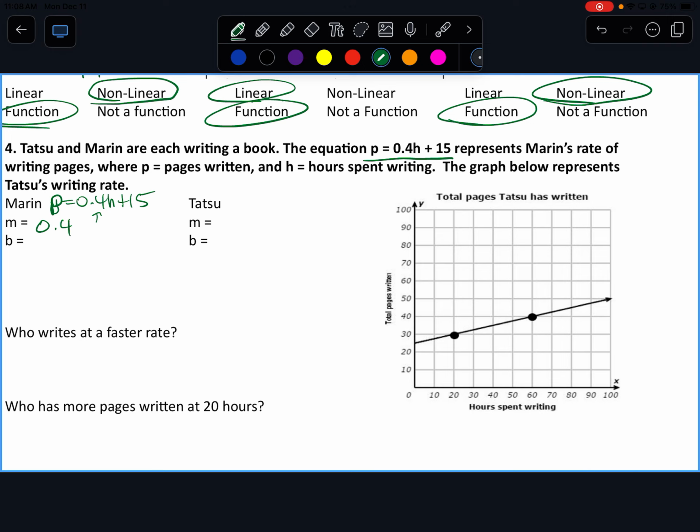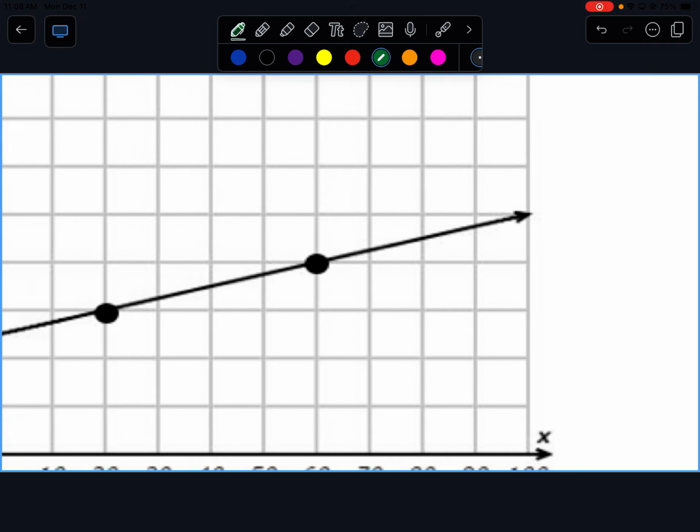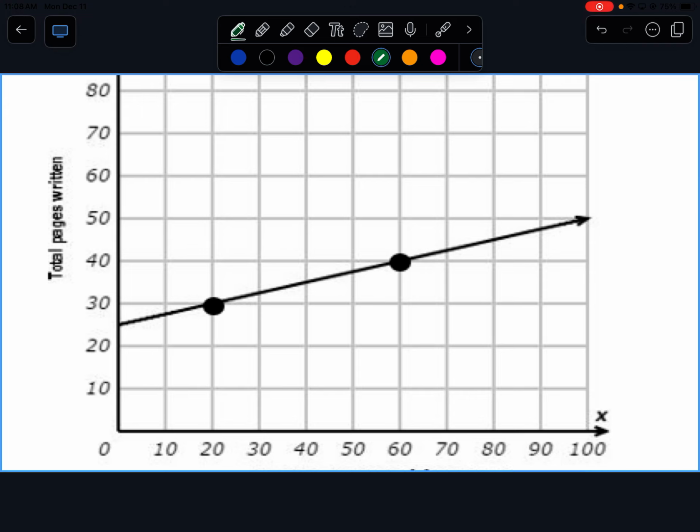What is the y-intercept? It's the number that stands by itself. Over here, for Tatsu's slope, how far up does this go? The y's are going up by tens, so that's 10. How far over does it go? The x's are also going up by 10, so that is 40.